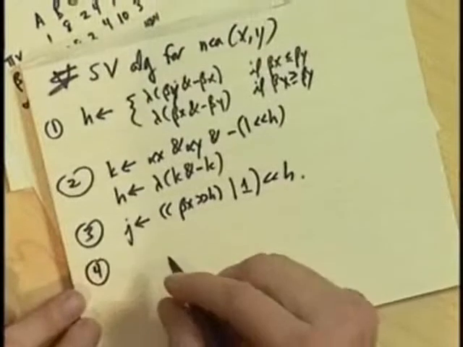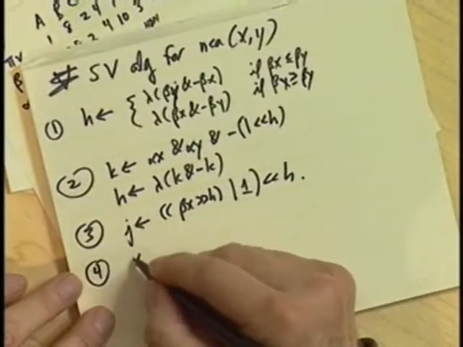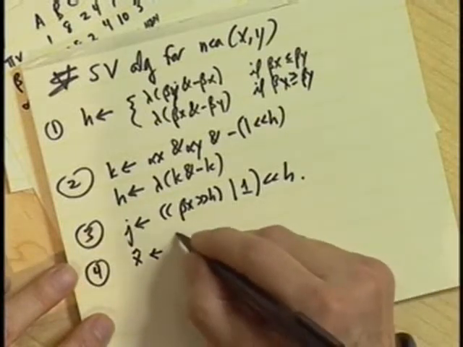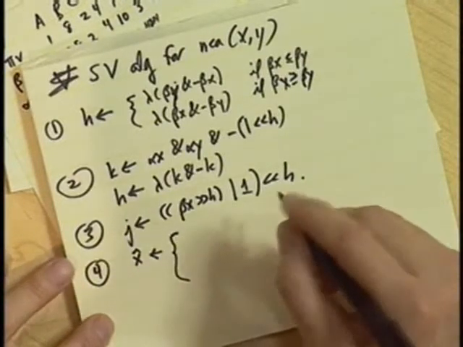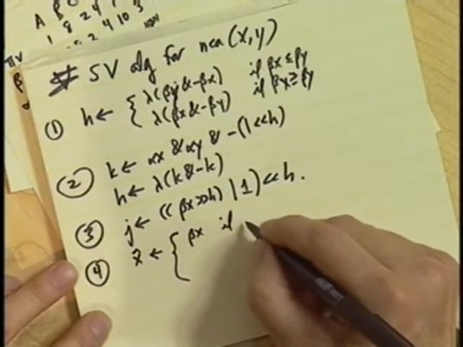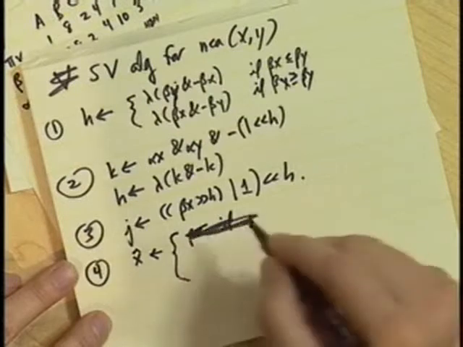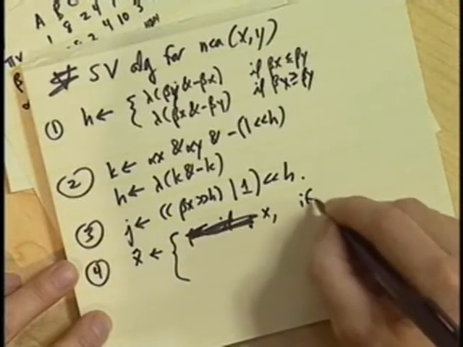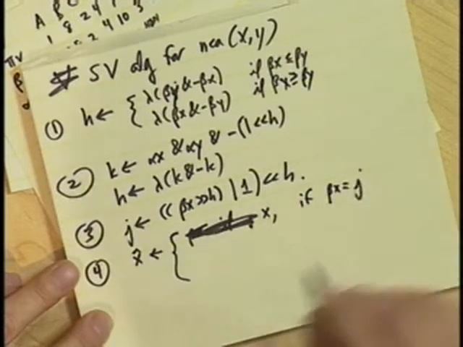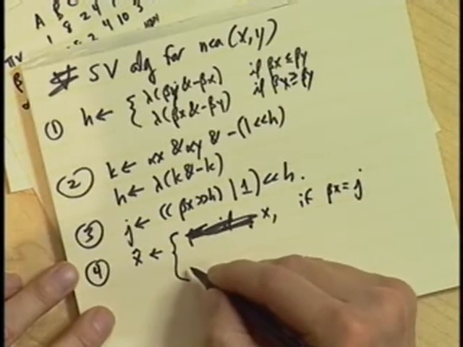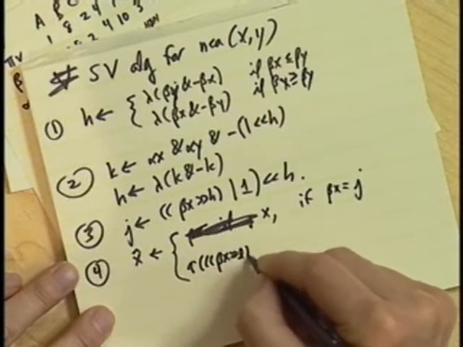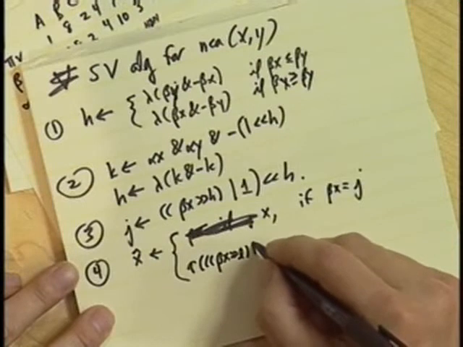And next step, I calculate x hat, which is equal to x if beta x equals j. Otherwise, it's equal to tau of beta x minus 1. I didn't tell you what tau is.